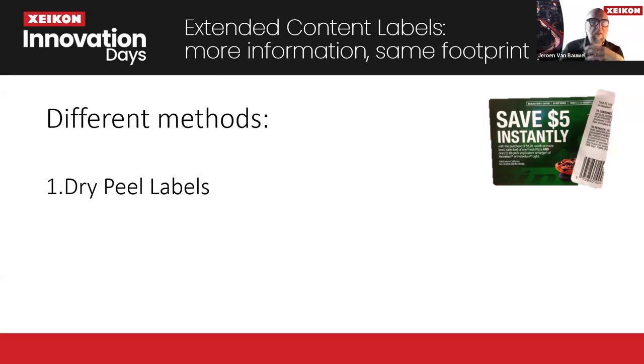In retail, these peel-off dry peel labels are frequently used for instant redeemable coupons or on-pack promotions. And the label drives action directly at shelf level. Dual side printing allows messaging both on the visible surface and also on the adhesive side. So you will see that often in retail applications.